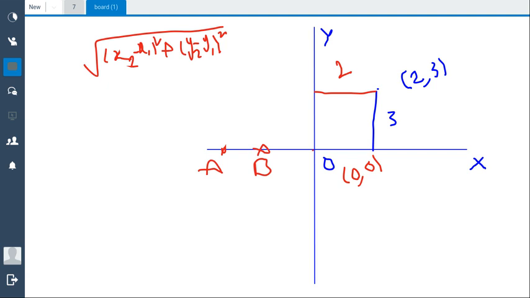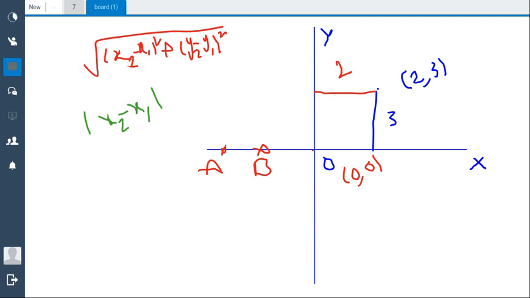So if the 2 points lie on x-axis, their y coordinates are always 0, and the distance formula is modulus of x2 minus x1 or modulus of x1 minus x2, because modulus means you always get a positive value.